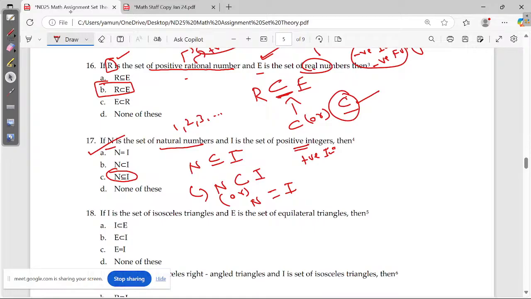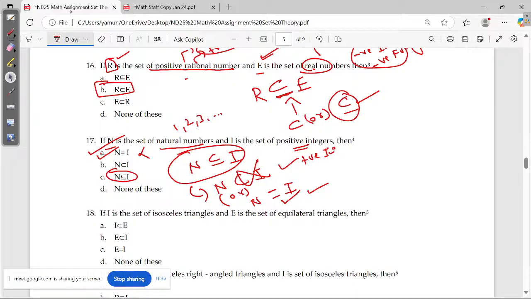But definitely I'm not going to call this a proper subset. Obviously this is the answer, so that's why I have taken A as the answer. In case N is equal to I is not present, then C will be the answer. Don't go for none of these. Because whenever you talk about this symbol, obviously it talks about this one or this one. So if A is not given in the question options, then the answer would be C. Don't go for none of these.